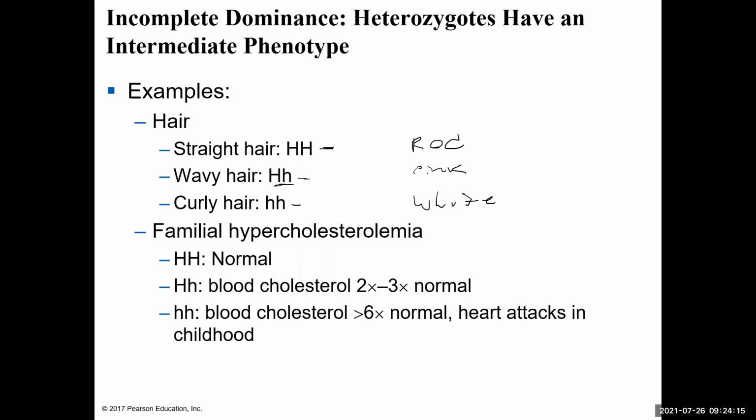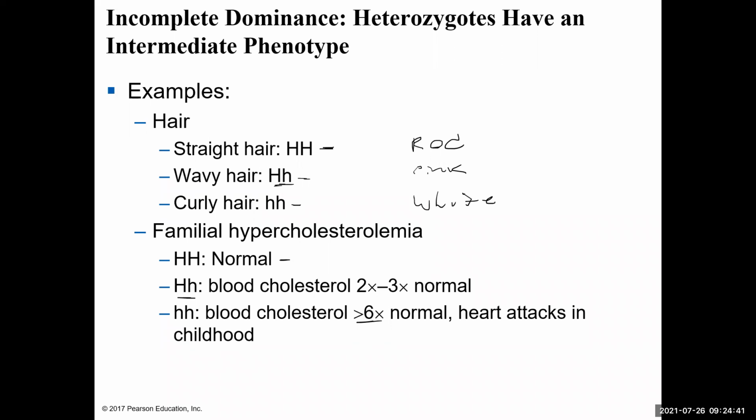There's also a form of cholesterol association where if you have the dominant trait, then you have normal cholesterol. If you have the recessive trait, which is hypercholesterolemia, which is where you have very high blood cholesterol, then you have 6 times the normal cholesterol level, which means you actually can have heart attacks as a child.